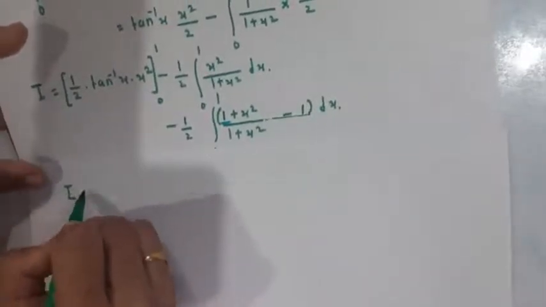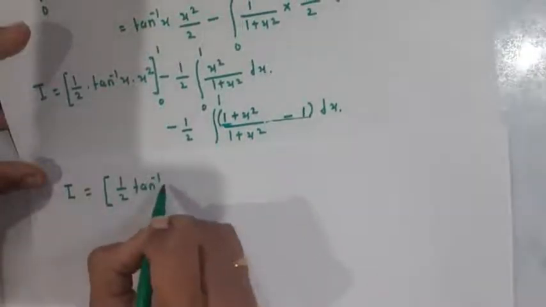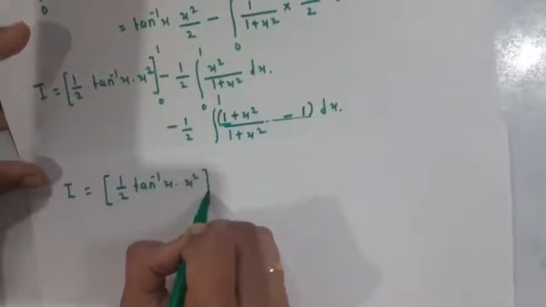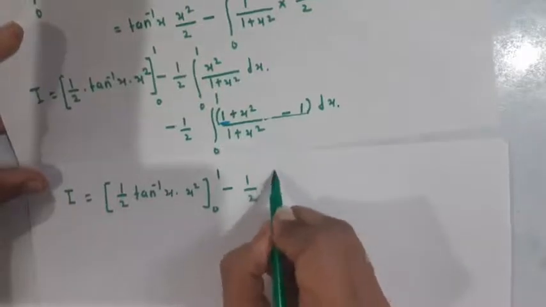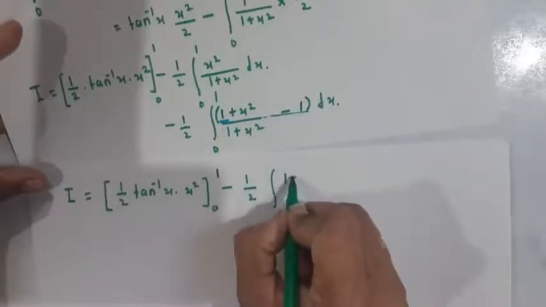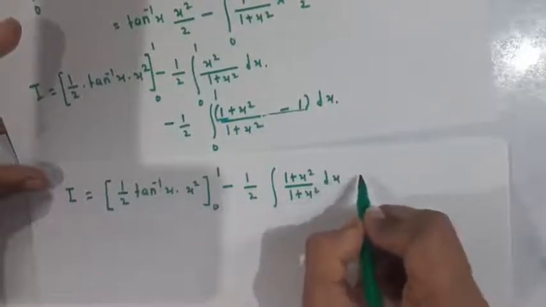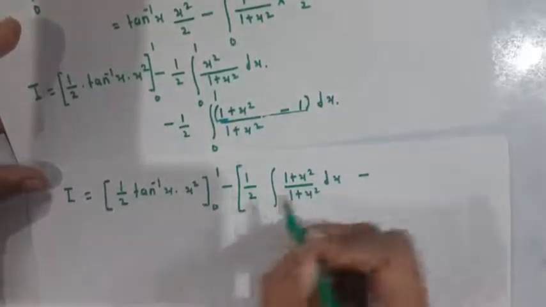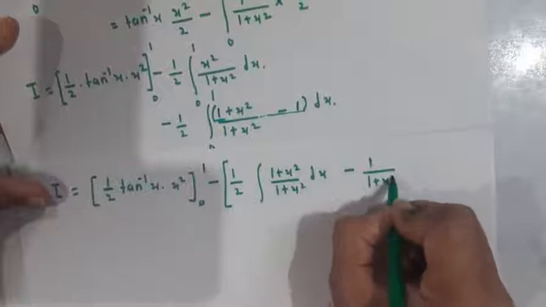Now we have the two terms. This is integration I equals 1 by 2 tan inverse of x into x square, limits 0 to 1, minus 1 by 2 as it is, the integration of 1 plus x square upon 1 plus x square with respect to x, minus, separating the terms, 1 upon 1 plus x square.